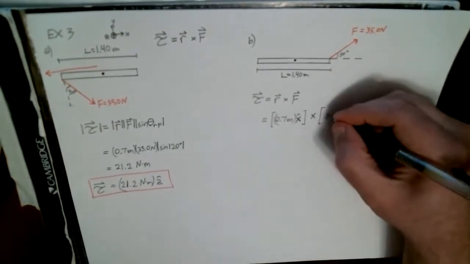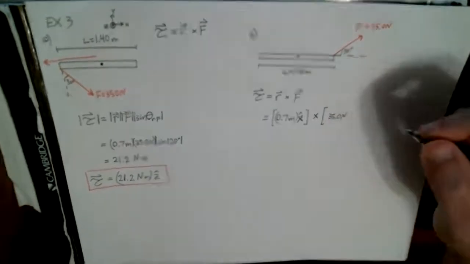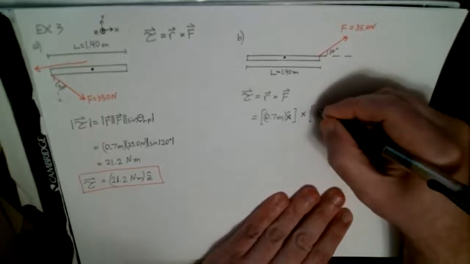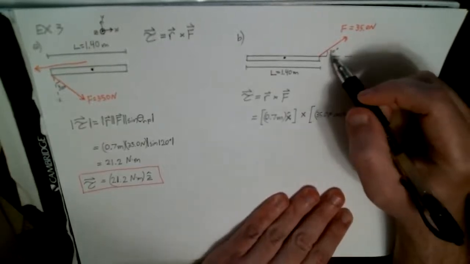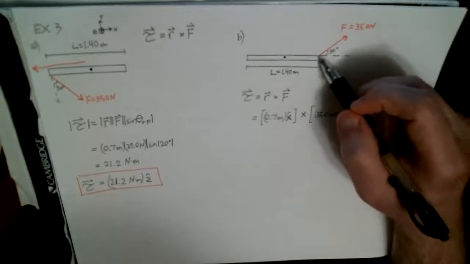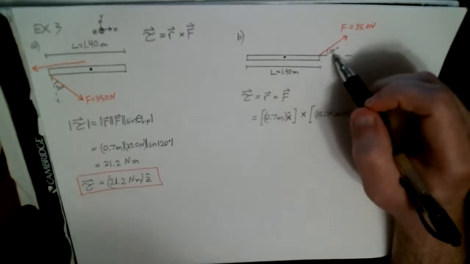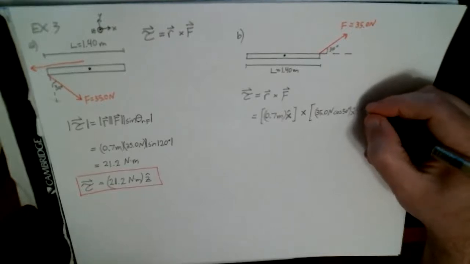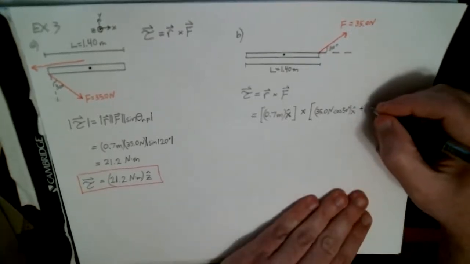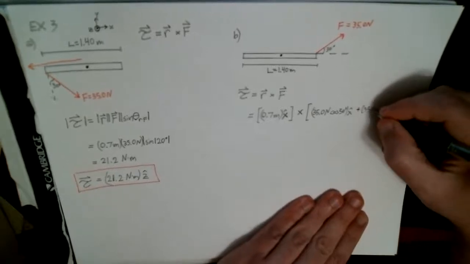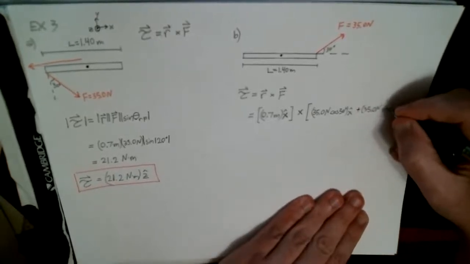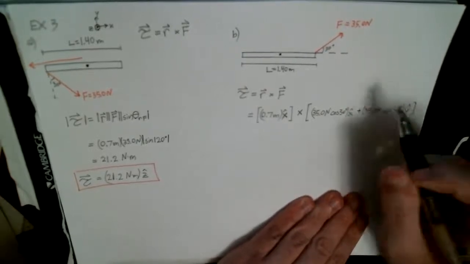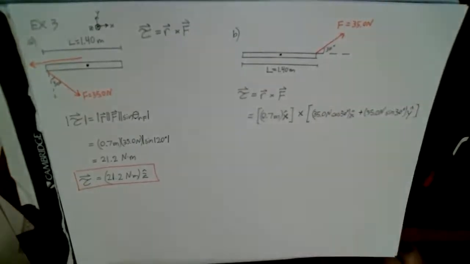So I'll have 35 newtons times cosine of 30 degrees for my x component, cosine of 30 because I want to pick out the near side, the adjacent leg of my force triangle, and the y component will be 35 newtons times the sine of 30 degrees, because I want the opposite leg of my triangle.